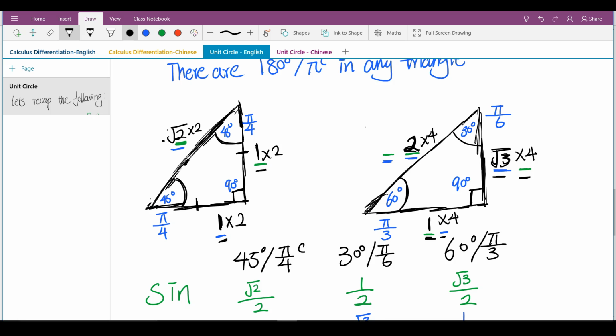It still doesn't change its characteristic. You will still have a 45 degree angle in the isosceles triangle, and the 60 and 30 degree angles in the second special unit triangle, as long as the ratio of the three sides is 1, 1, √2 or 1, 2, √3. Okay, just keep that in mind.